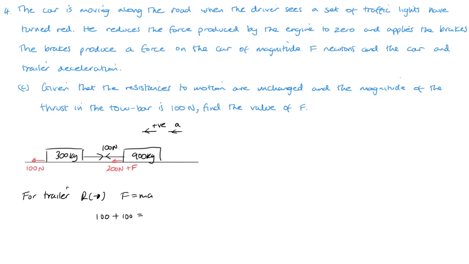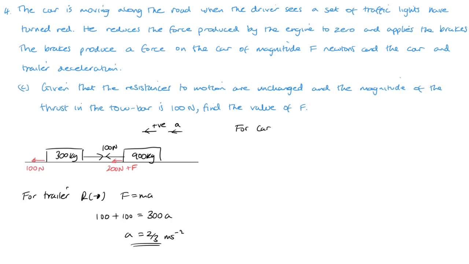No, it's going to be plus because the thrust is pushing it back this way and it's got the resistance forces because currently it's moving to the right, so the thrust is pushing it to the left. And it's going to be 300 times A. So A is 200 divided by 300, or 2/3 meters per second squared. So that gives me the acceleration.